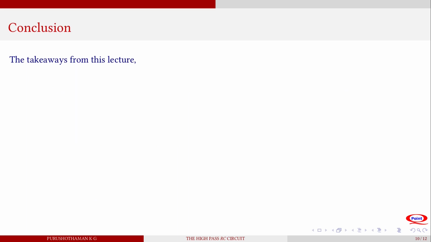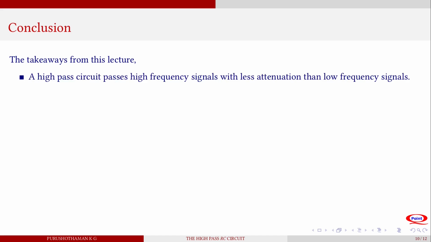So this is the conclusion, the key takeaways from this lecture. 1. A high pass circuit passes high frequency signals with less attenuation than low frequency signals. A voltage across a capacitor cannot change instantaneously. You can prove it mathematically.